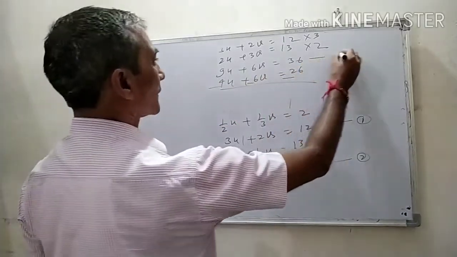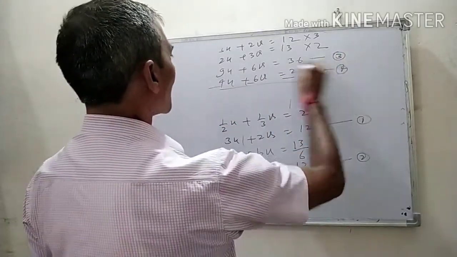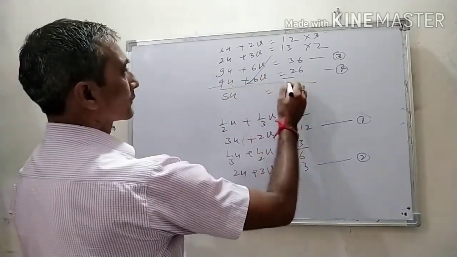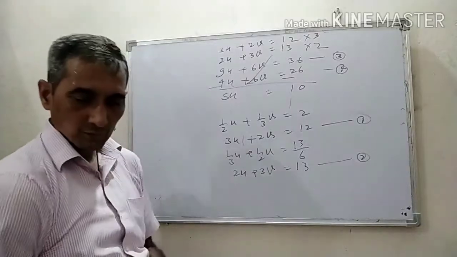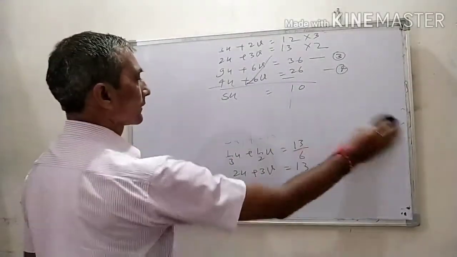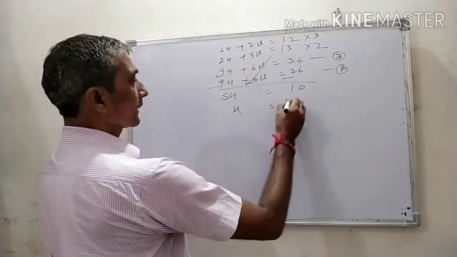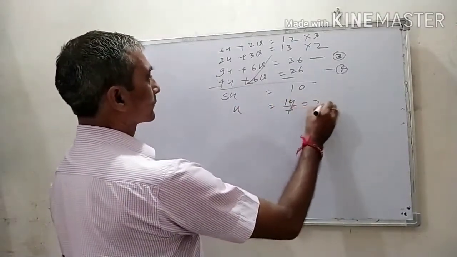Subtracting equation number 4 from 3, we get 5u equal to 10. Now u equal to 10 by 5, that is 2.